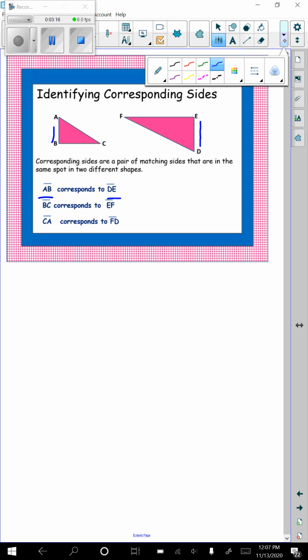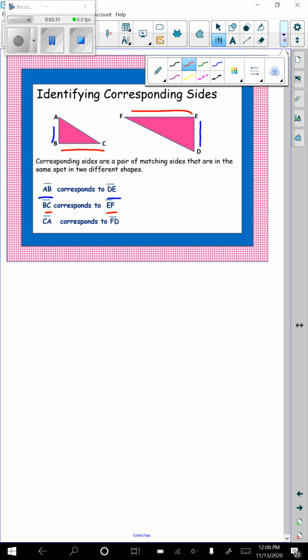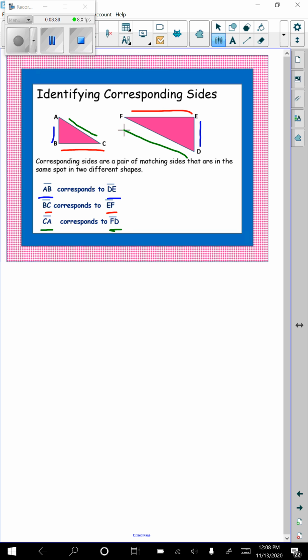BC corresponds with EF. And lastly, since it's a triangle, CA corresponds with DF. So those sides kind of match up with each other. They're not equivalent, though. They're proportionate.